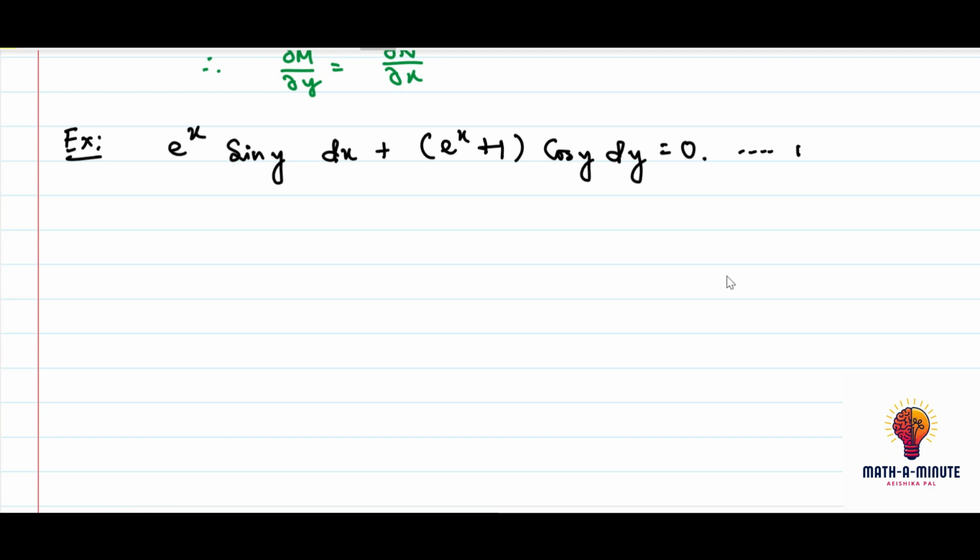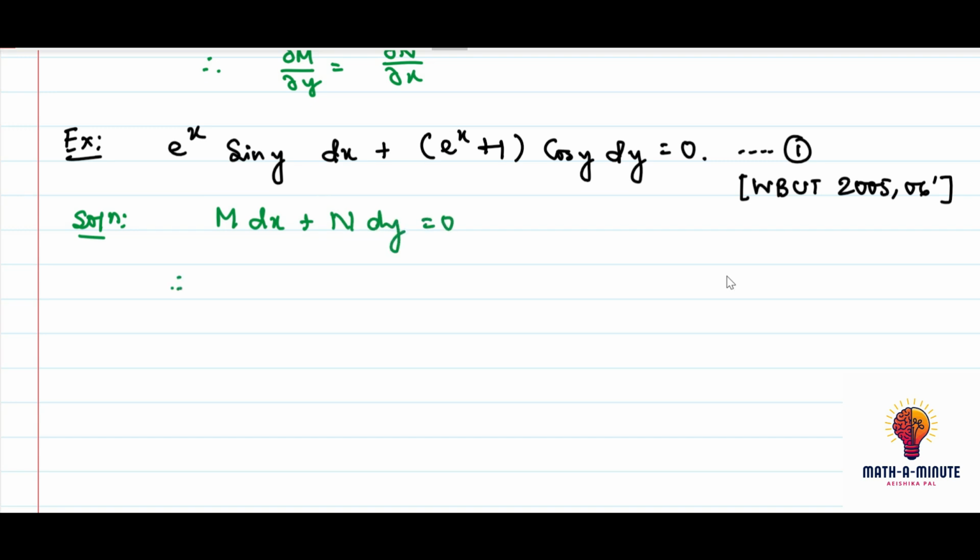Let me call this equation number 1. If you compare this equation with M dx plus N dy equals 0, we can easily say the value of M is e to the power x sin y, and N is (e to the power x plus 1) cos y.